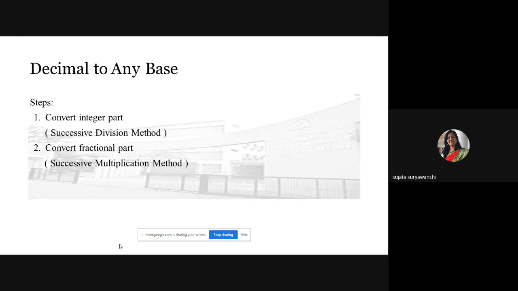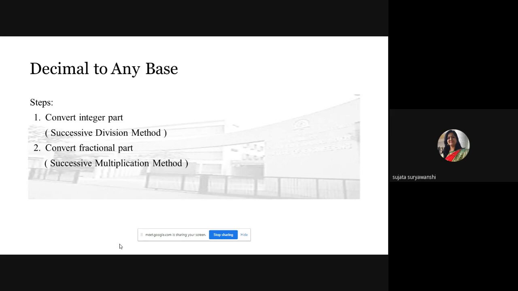In that conversion, you simply have to multiply each digit by 2 raised to the power, or 8 raised to the power, or 16 raised to the power, as per the number system, for each bit of that particular number.